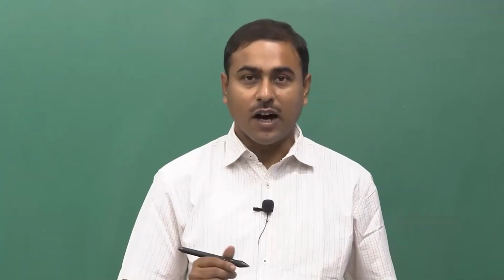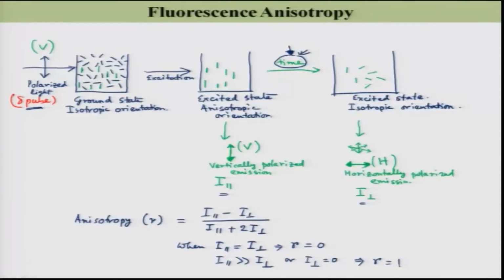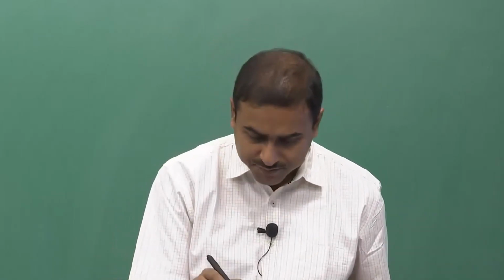Now, the question is how I am going to measure this R. Let us try to draw some experimental setup by which we are going to measure this R value.